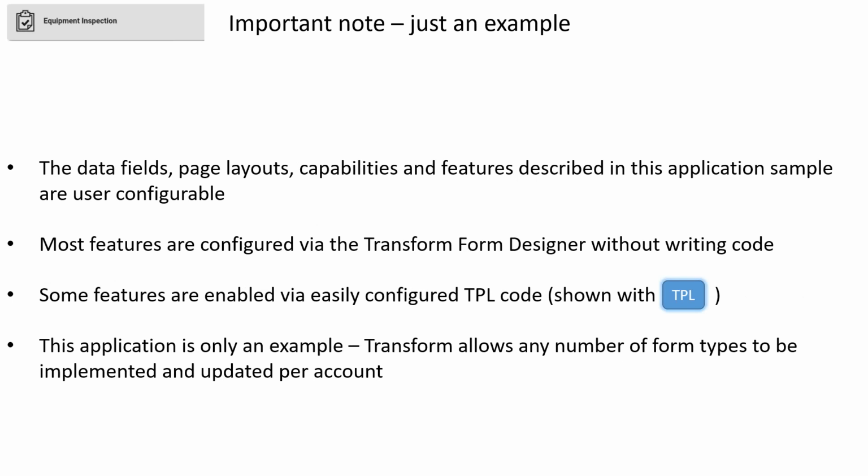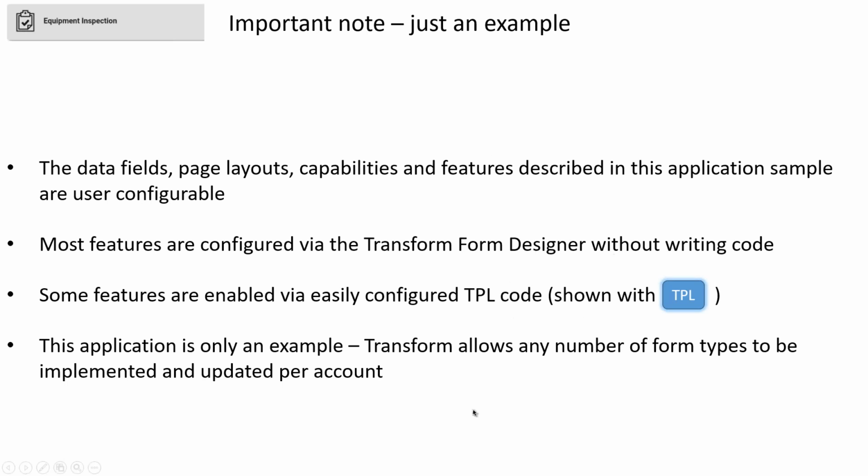And needless to say, or to repeat here, the example that will be shown here is exactly that. It's just an example. It might look in the end like a complete, ready to use out of the box application, but all of that is built via simple tools, via the form designer, and then downloaded to mobile devices.